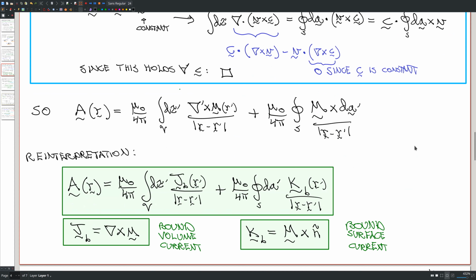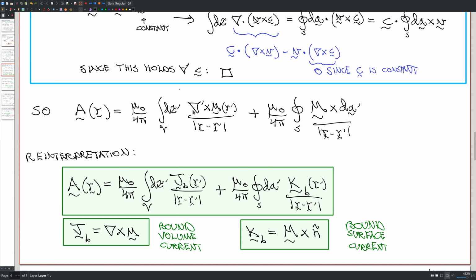So in the spirit of the Biot-Savart law, if you want, this is like having an equivalent system that contains bulk currents and surface currents generating the same vector potential as the original magnetized piece of matter. Okay, exactly the same interpretation as we did in the electrostatic case.